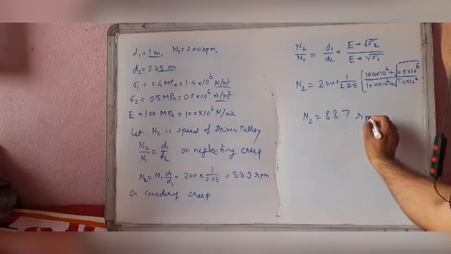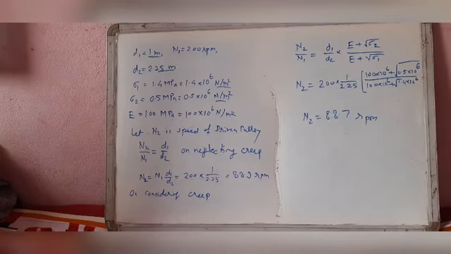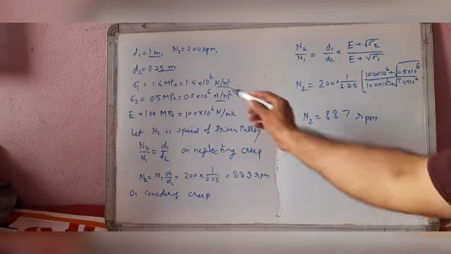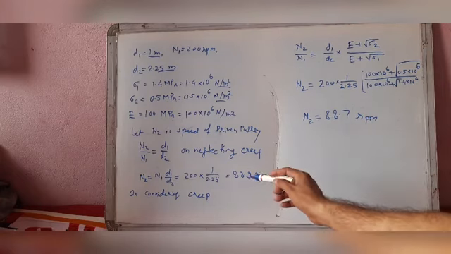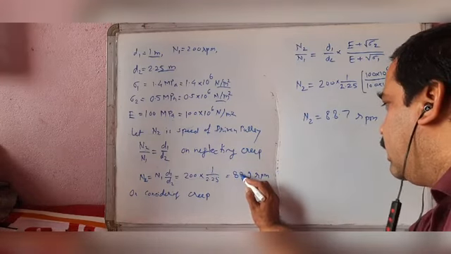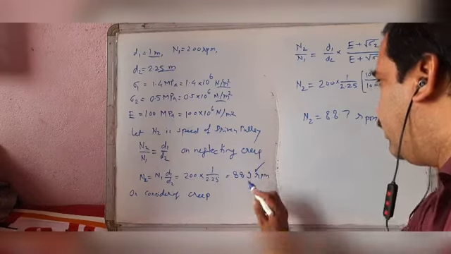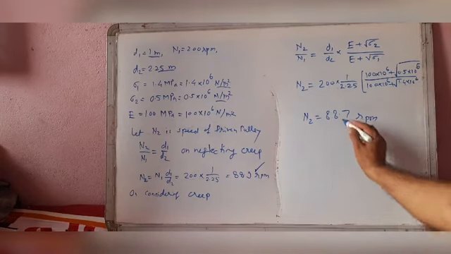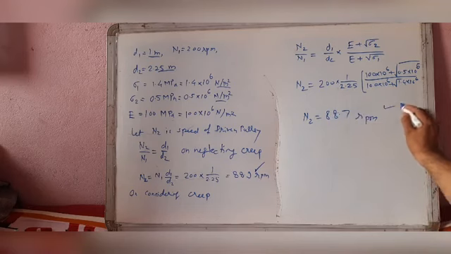So when we have not considered the creep, the value of N2 comes 88.9 rpm, and on consideration of creep, the value comes N2 equal to 88.7 rpm.